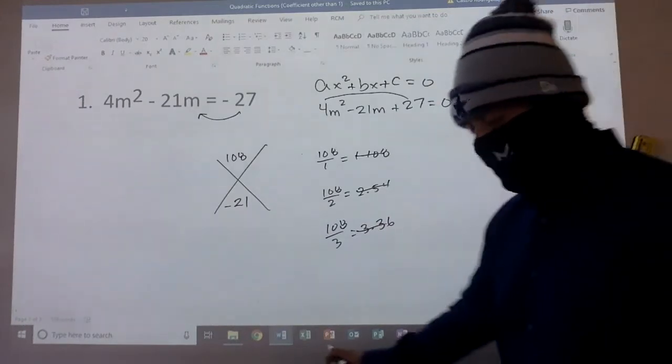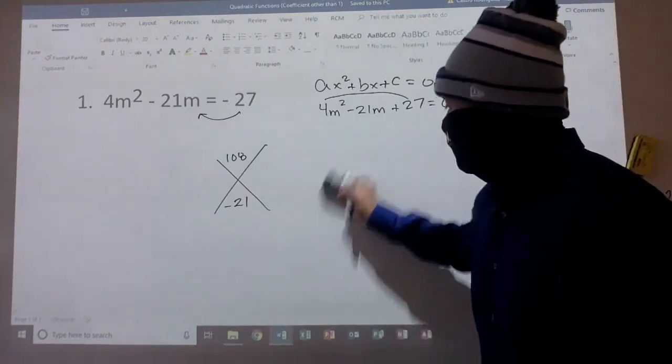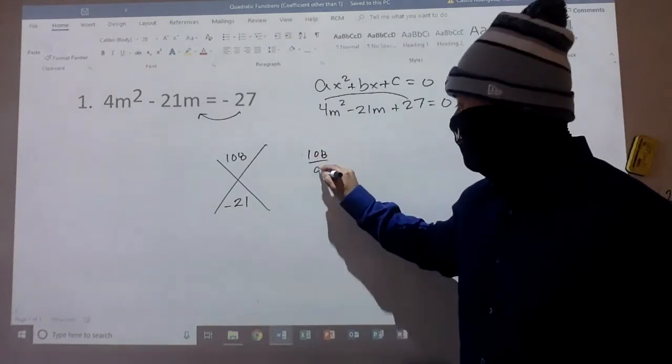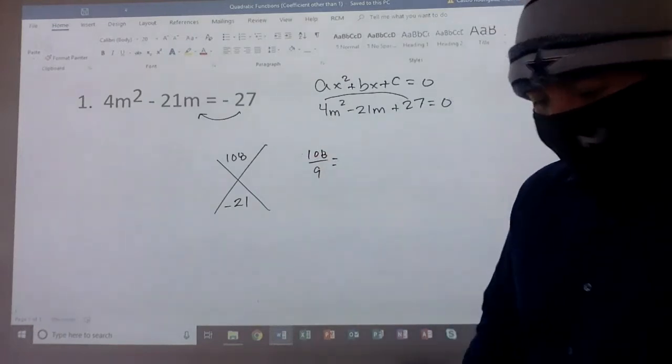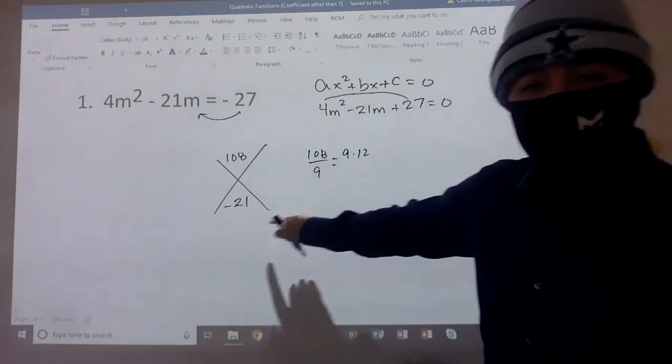The one that works, since you know what I'm doing now, and I did this in the previous lesson: 108 divided by 9. And it came out to be 9 and 12. If I add them, it gives me the 21 I'm looking for.